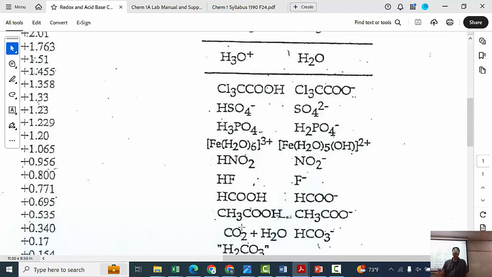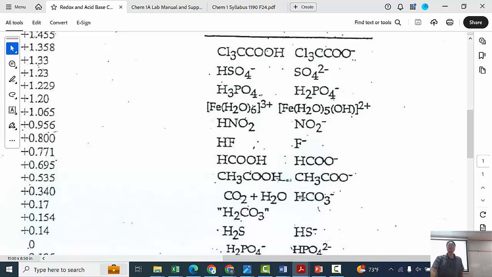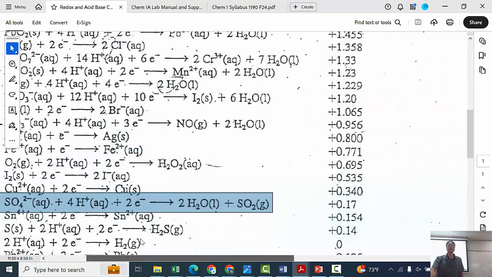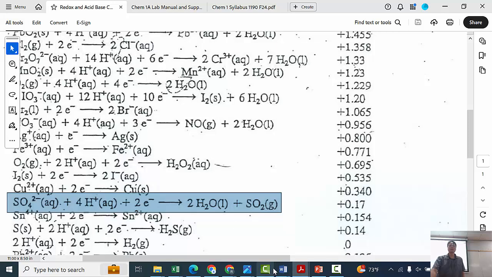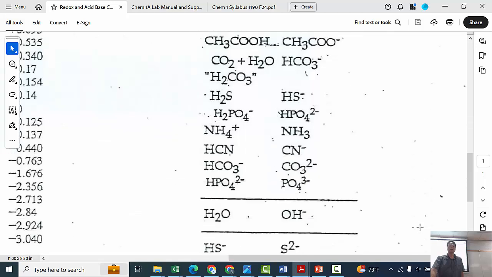Not only that, on that particular test, I gave this sheet out, and all these charges are correct. You could have just looked it up on the sheet. It was given on the test. Also, on the same test, somebody got carbonate wrong. They wrote carbonate with a 1- charge, not a 2- charge, like it's shown on the sheet. I could have told them to look at the sheet.